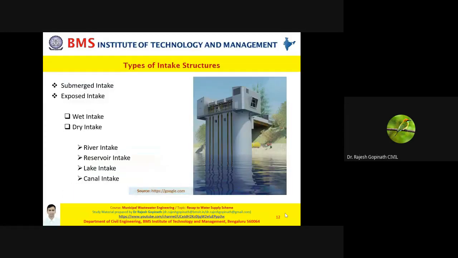Now, how were the intake structures classified? Submerged or exposed, depending on the water presence. Now, wet intake or dry intake. But the most important classification remains river intake, reservoir intake, lake intake, canal intake. That is, depending on the source of water, this classification exists.